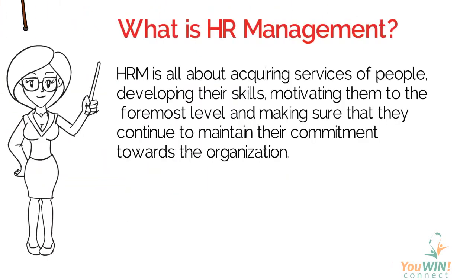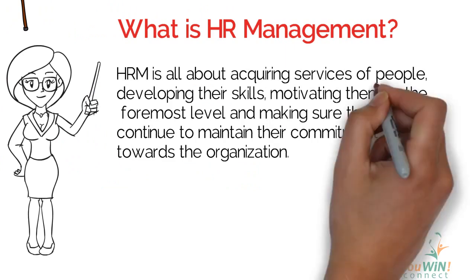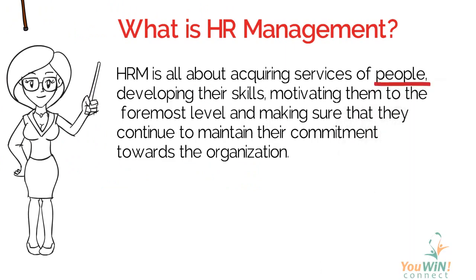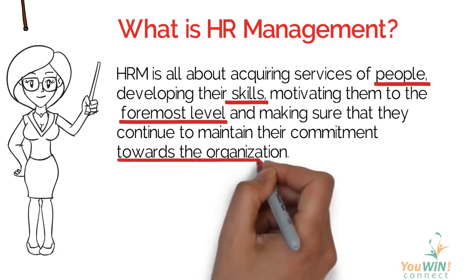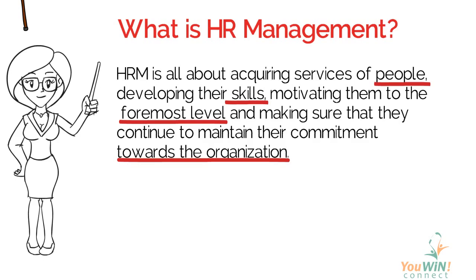The definition we have on the slide says it's all about acquiring services of people, developing their skills, motivating them to the foremost level, and making sure that they continue to maintain their commitment towards the organization.